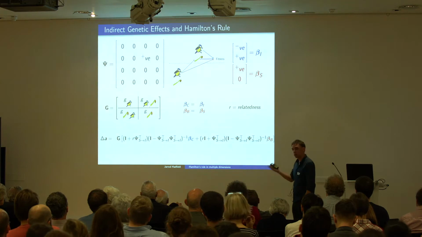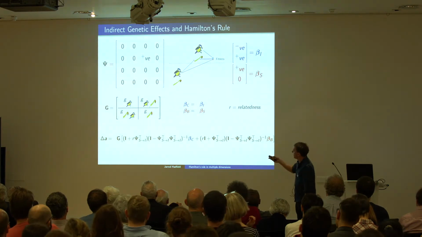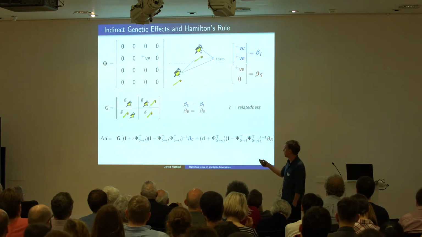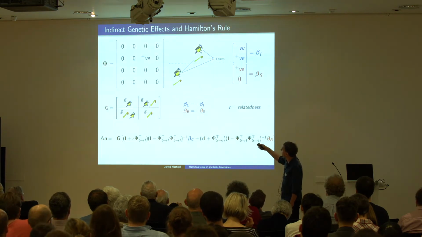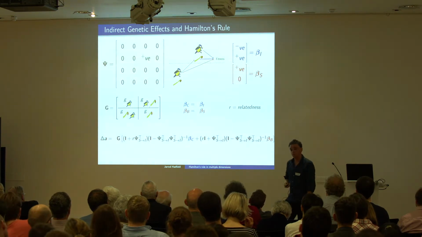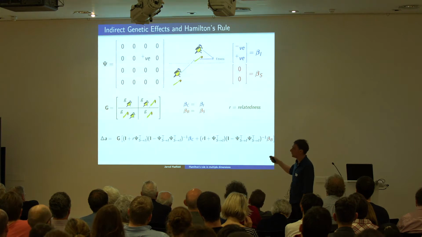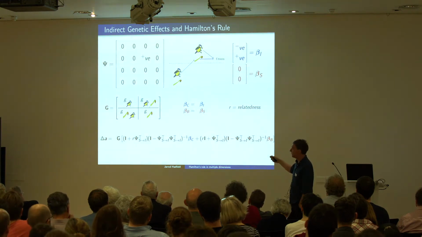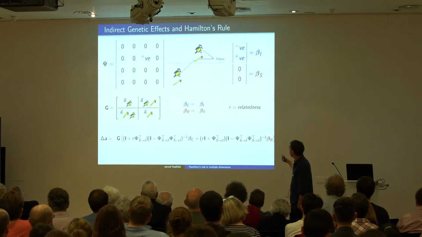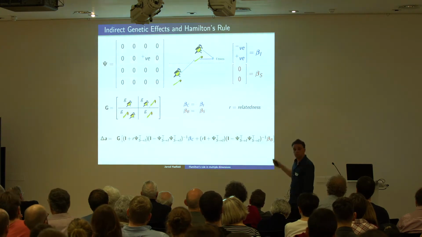Okay, so back to our original scenario. One way you can see that it doesn't make sense to define the costs and benefits like this: imagine we got rid of this red line here. So the only effect of the mother on the offspring's fitness is by making her offspring bigger. So there's no direct effect of provisioning behaviour on fitness. Now our benefit vector is all zeros.